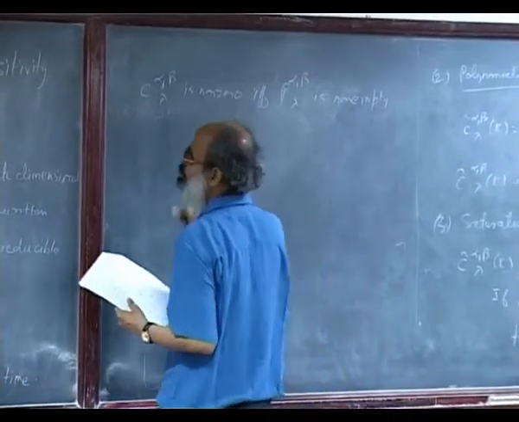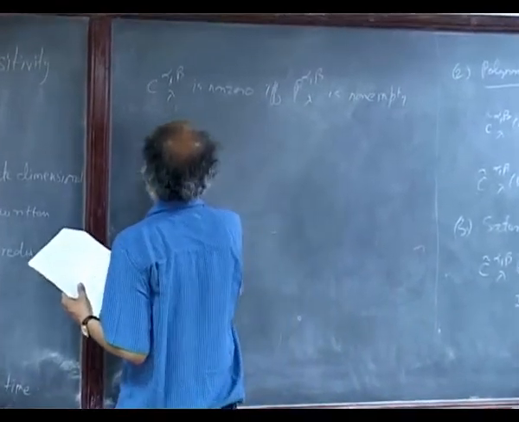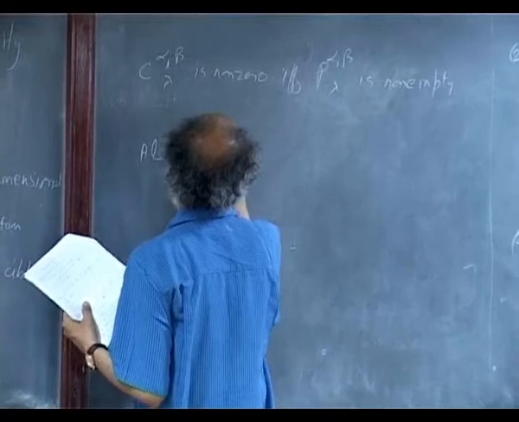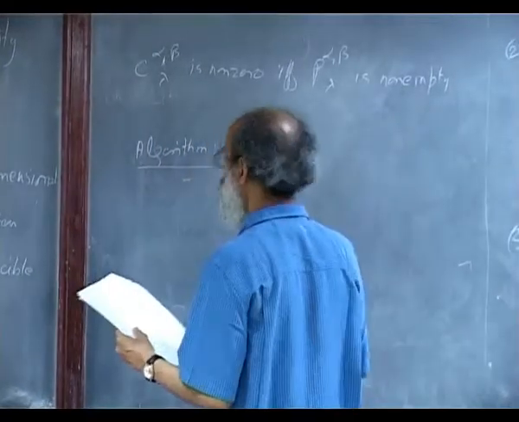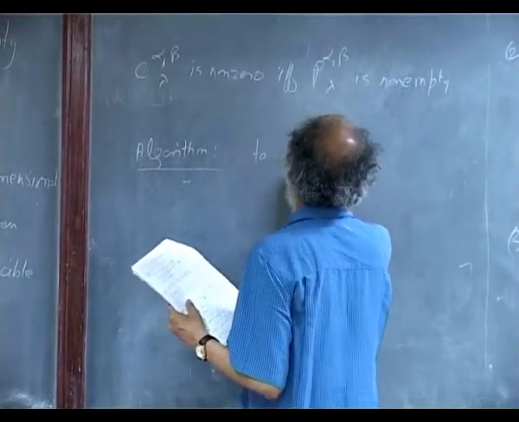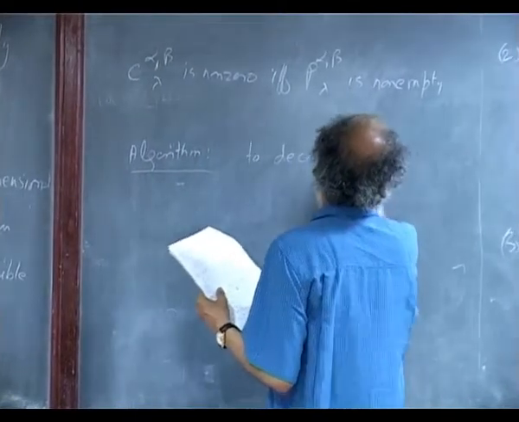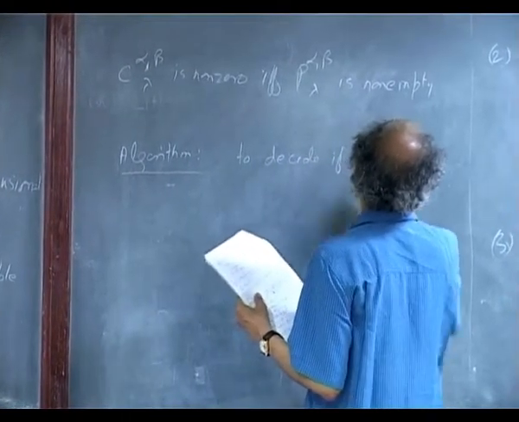So the algorithm to decide if C alpha beta lambda is non-zero is very easy.